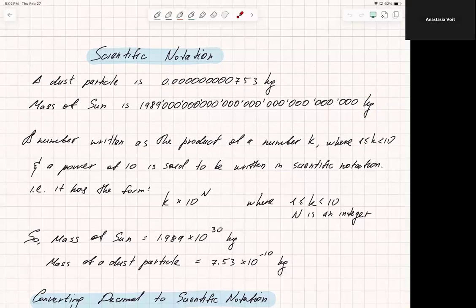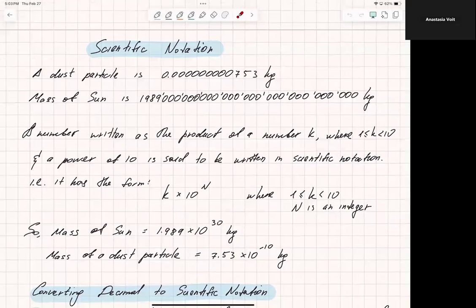So that's a really huge number that is really difficult to read. So in this case, we would use scientific notation, which is much more compact. So we have the dust particle and the sun masses here written in scientific notation.